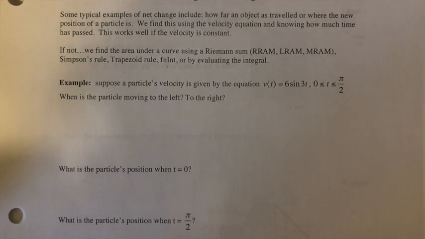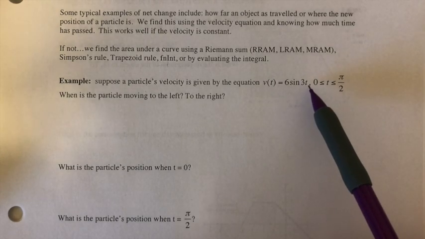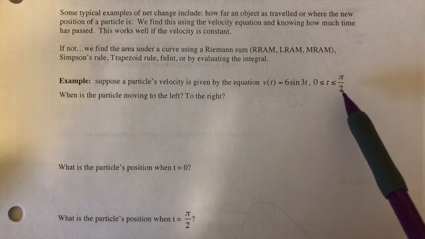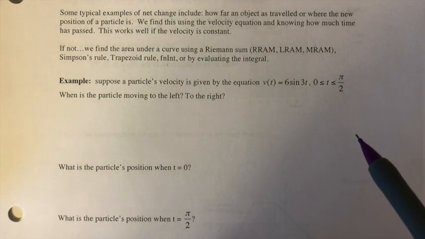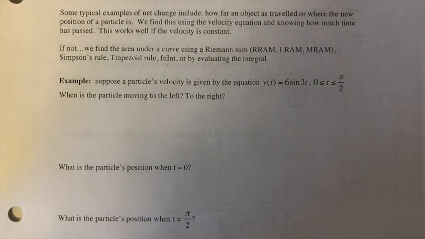So suppose a particle's velocity is given by the equation v of t equals 6 sine of 3t between 0 and 2 pi. Okay, so when is the particle moving to the left and when is it moving to the right?